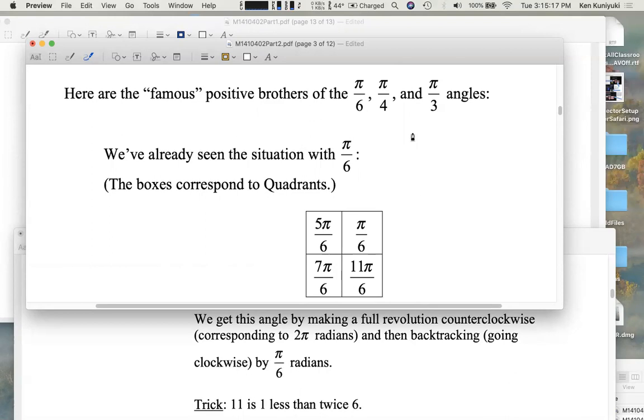Okay, now what about the pi over 4 family? The Simpsons. What are the 4 famous brothers with reference angle pi over 4 between 0 and 2 pi radians? Follow a similar pattern. I'll give you a few moments. If pi over 4 is in the upper right, quadrant 1, who are the famous brothers in quadrants 2, 3, and 4, following this pattern?